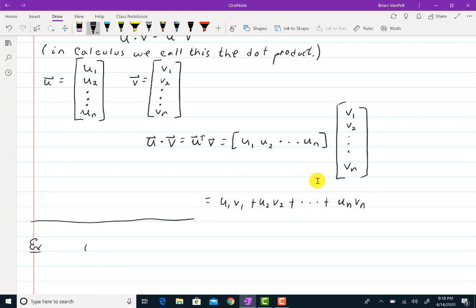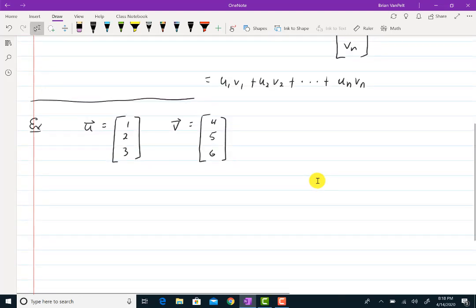So, for example, if I have U equal to 1, 2, 3, and V equals 4, 5, 6, then when I do U dot V, that's U transpose V. I'll put my U on the side, 1, 2, 3.